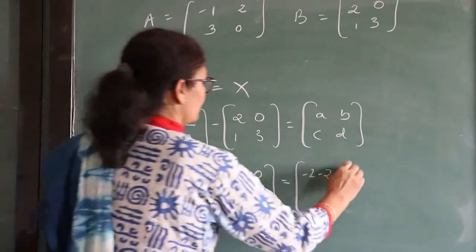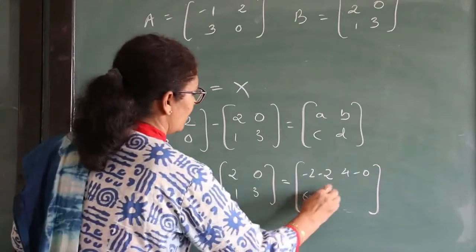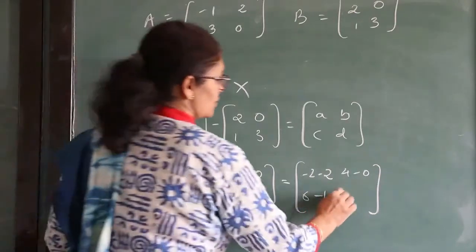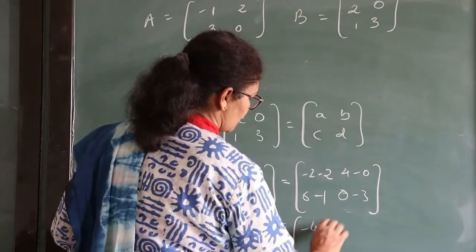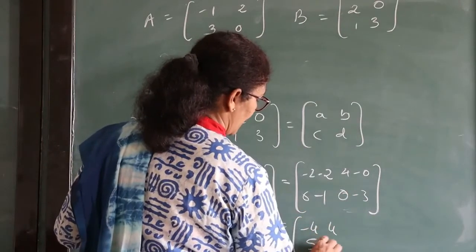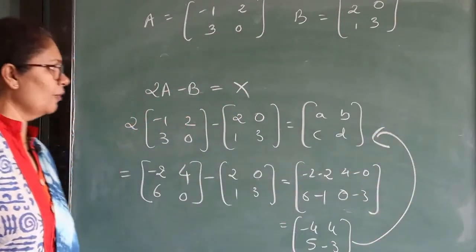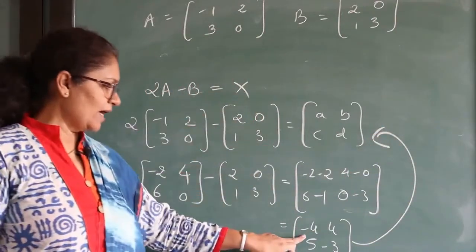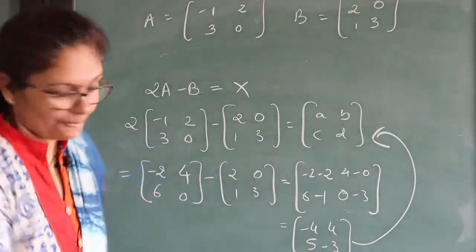Then 4 minus 0. Then 6 minus 1, and last 0 minus 3. So we are getting minus 4, 4, 5, minus 3, as A, B, C, D.